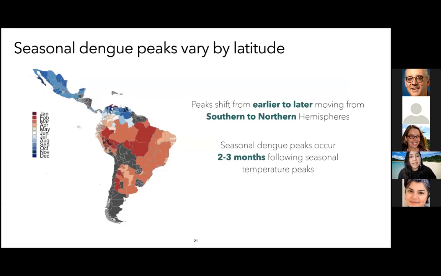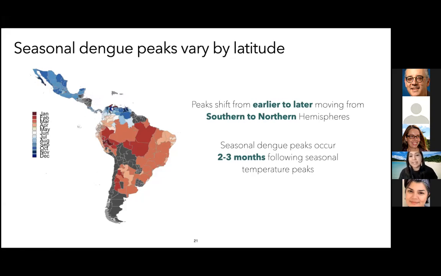We did this analysis for all of the locations and then plotted it on this map here. The gray coloring is just showing locations or countries that weren't included in this particular analysis, but the coloring then shows the months that dengue is peaking for different locations.